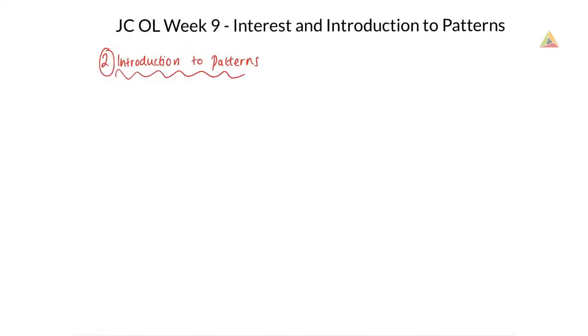So there's a couple of things that I'm going to go through before we go to some questions. So the first thing is a pattern that is given as an ordered list is called a sequence. Second thing is a pattern of numbers is called a number sequence.